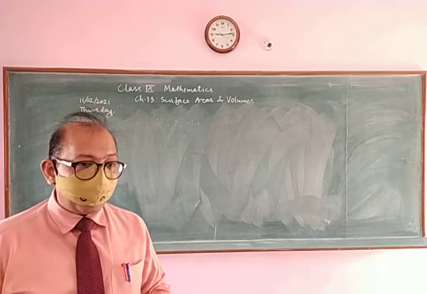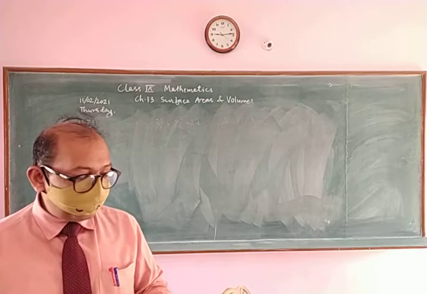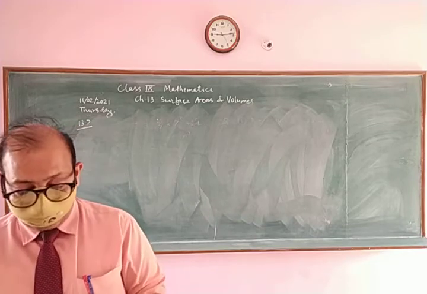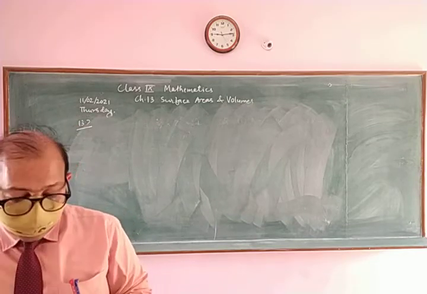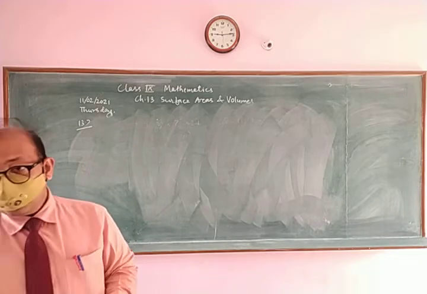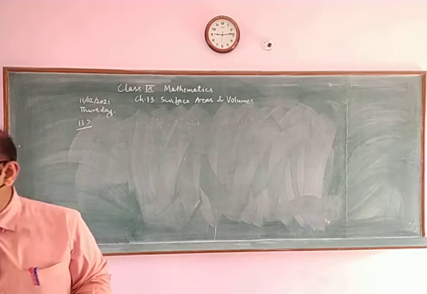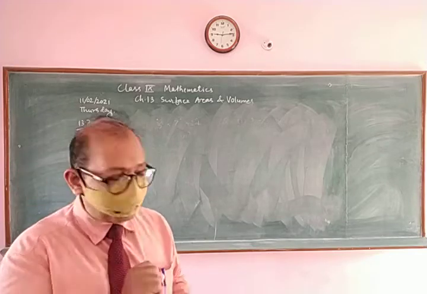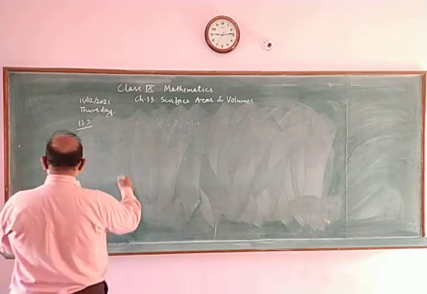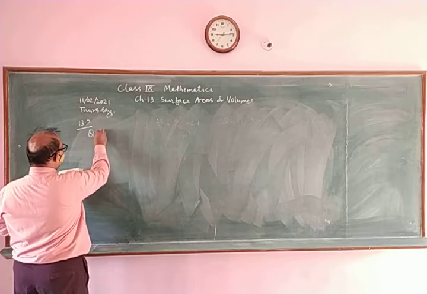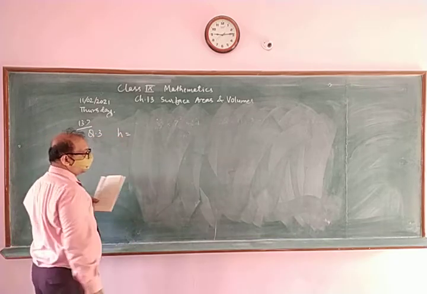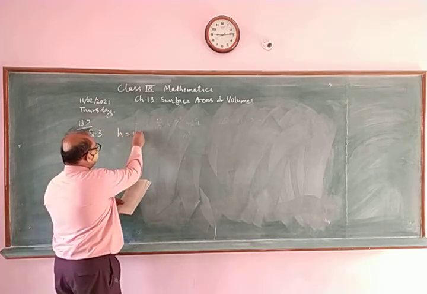If its volume is 1570 cubic centimeter, find the radius of the base. And it is given that use pi is equal to 3.14. Okay, what is given? Question number 3. Height is equal to 15 centimeter.